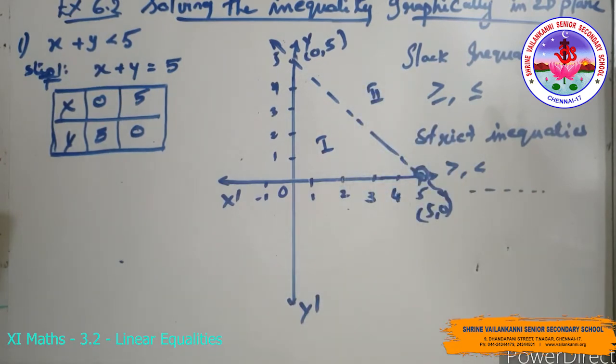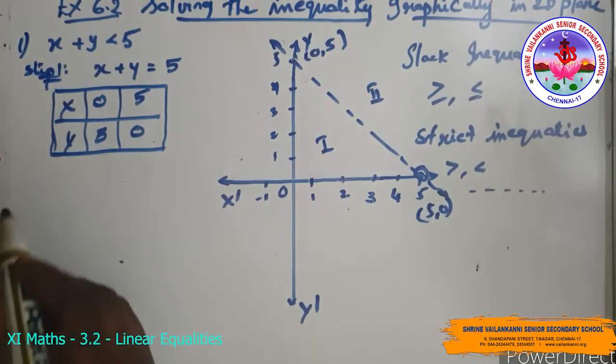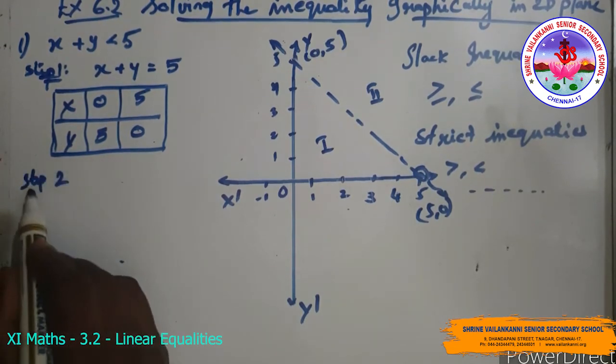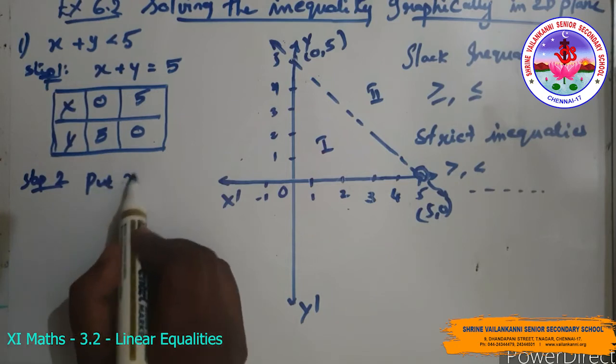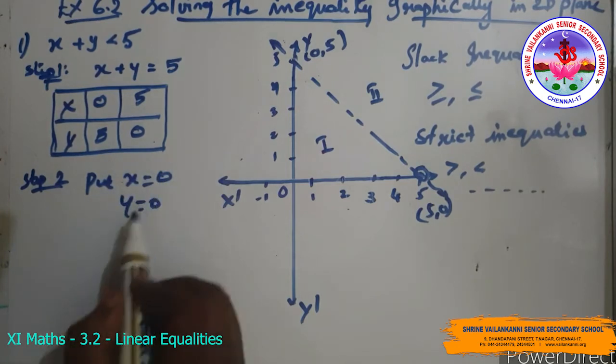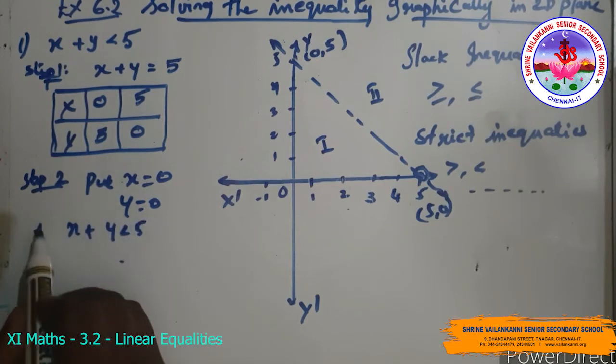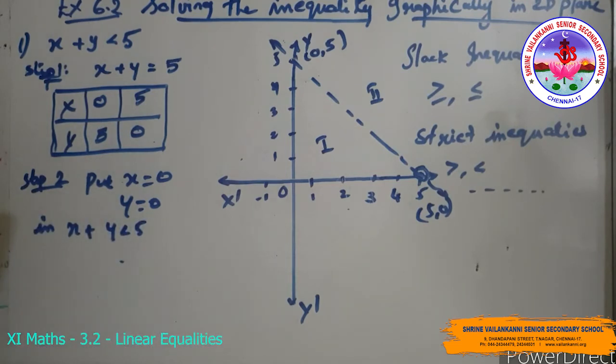The second step is to select a point which is not on the line, which lies in one of the half planes, to determine whether the point satisfies the given inequality or not. So step 2, put x equal to 0 and y equal to 0 in the inequality.